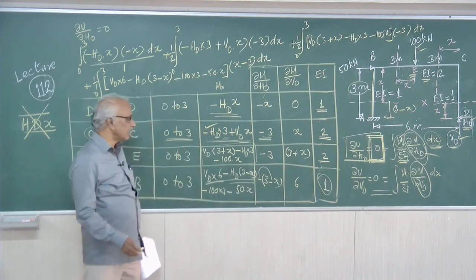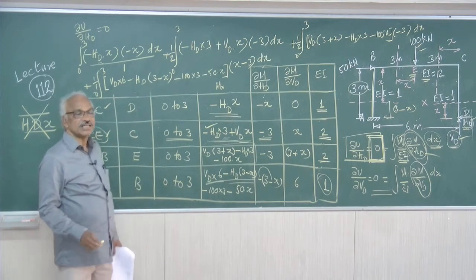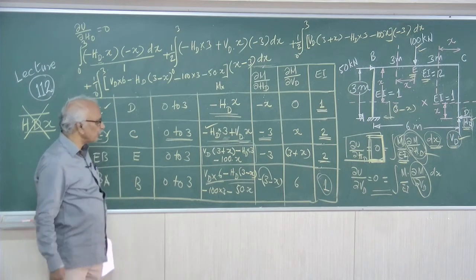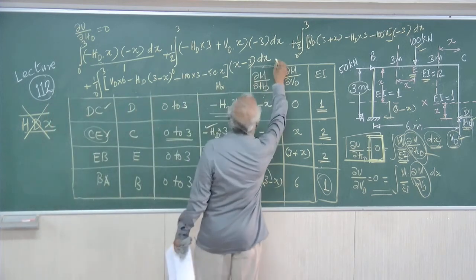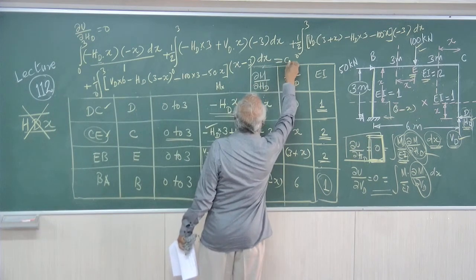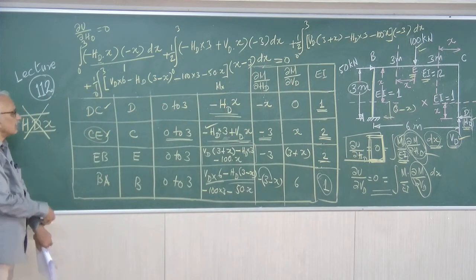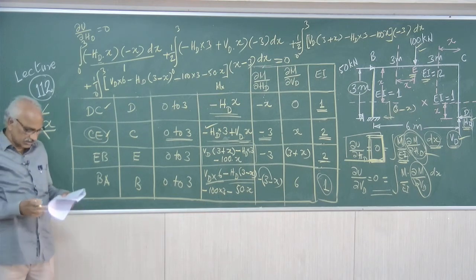Since D is hinged, dou U by dou Hd equal to 0. Now the sum of all these values must be equal to 0. That is the first. When there are 2 unknowns, you will be getting 2 equations.